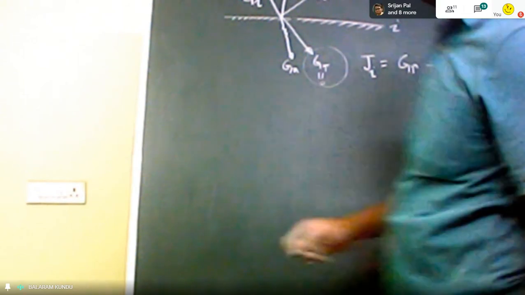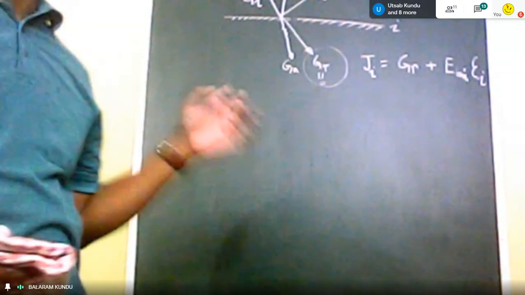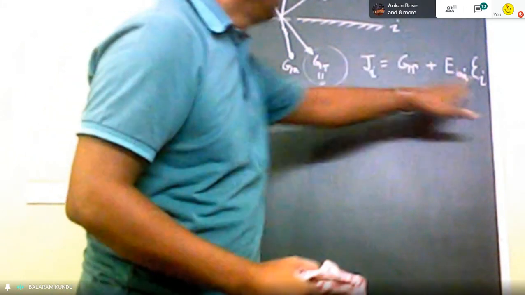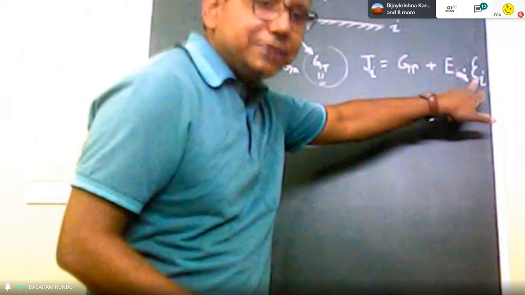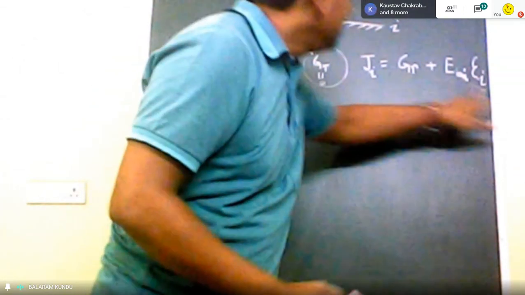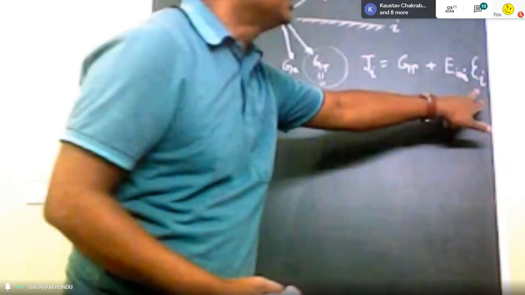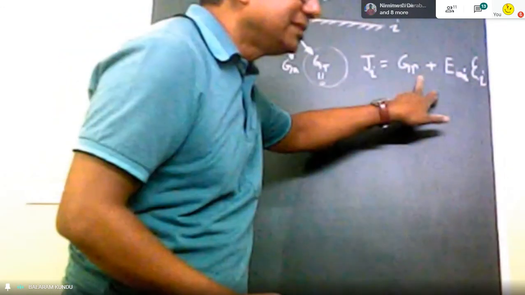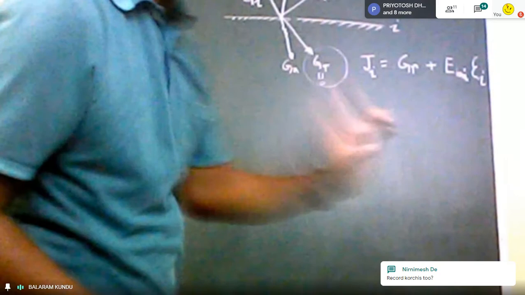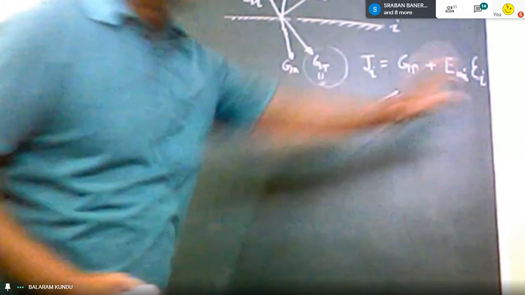EBI means emissive power of a black body for surface I, and epsilon I is the emissivity of surface I. So that is energy emitted from surface I plus reflected energy. These two constitute the radiosity of surface I. So that is Ji equal to these two.